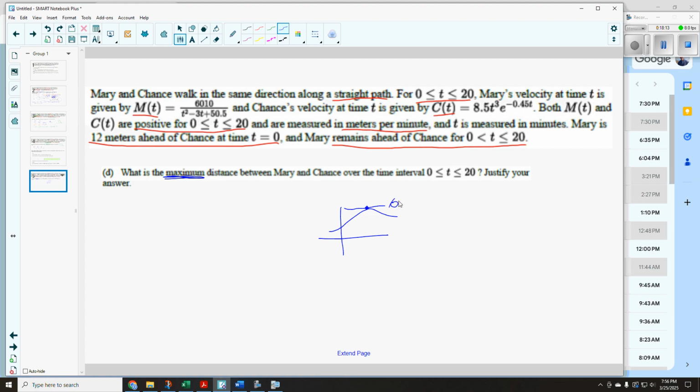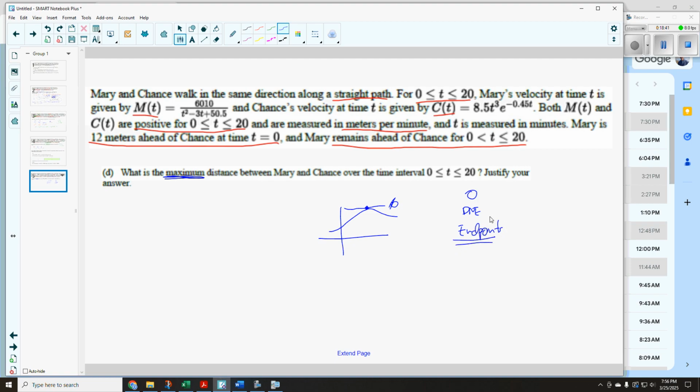Now, I'm sorry, my thing seems to be a little bit off right now. Maximums and minimums happen at critical points. And critical points can either be where the derivative equals 0, where the derivative does not exist, and at endpoints. Don't forget endpoints.